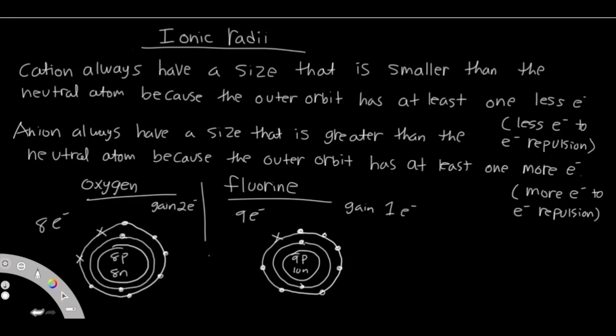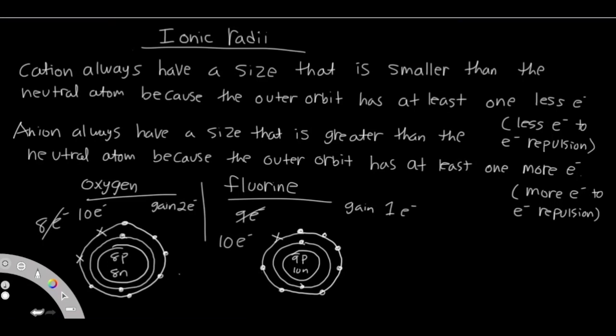Why is that the case? How many electrons do we now have? We used to have 8. Now we have 10 electrons. Fluorine used to have 9. Now it has 10 electrons. Do some simple math here.